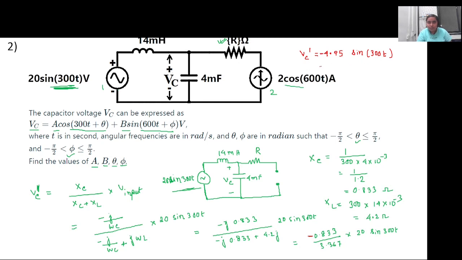If we get rid of this sign, it is 4.95. When is sine going to be negative? When it is in the third or fourth quadrant, sine is going to be negative.